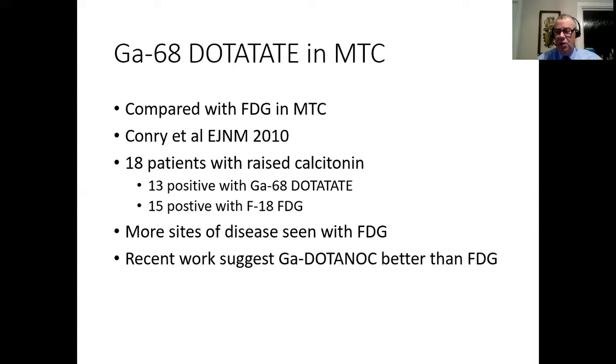This is where DOTA-NOC, which also attaches to the somatostatin 5 receptor, may be an advantage, though personally I've not seen that in reality, but theoretically it might be. So for medullary cell carcinoma of the thyroid, even though it is a neuroendocrine tumor, we still recommend having FDG as your first method of imaging.